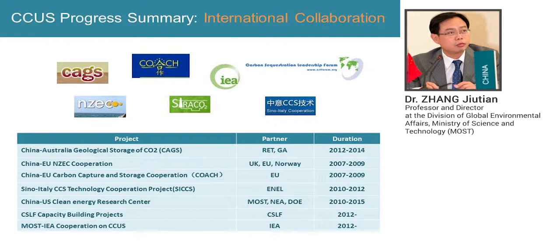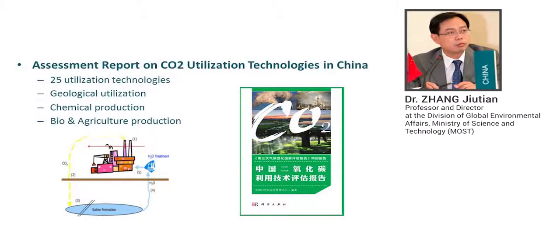I'd like to express why a focus shift on CO2 utilization technologies, not just storage technology. We have an assessment report on CO2 utilization technologies in China. Totally 25 technologies are being evaluated, and these technologies fall into three categories.